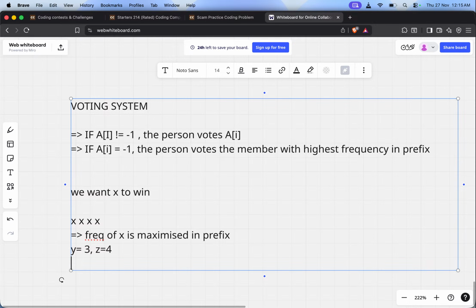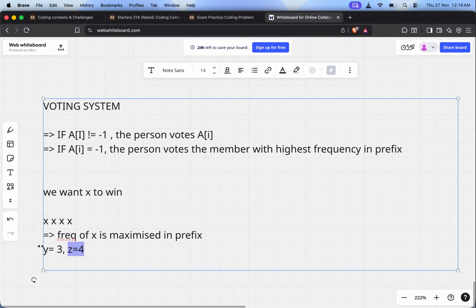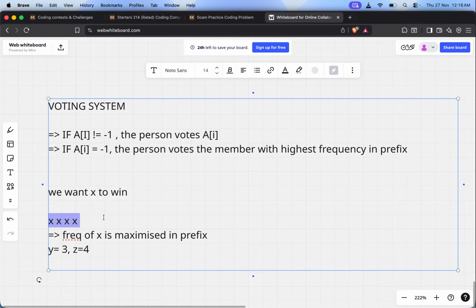What will we try now? We will want that frequency of Z and Y should never be equal to or exceed X. If it does, it should happen as late or as far away from the starting as possible.